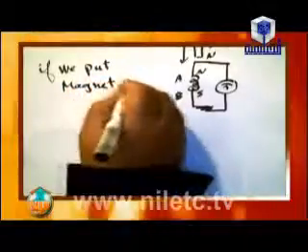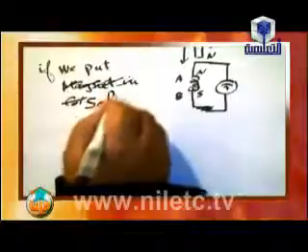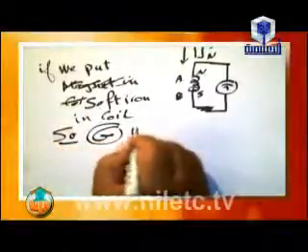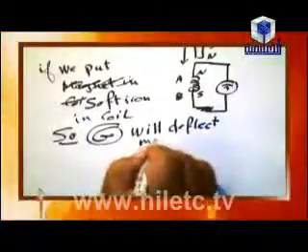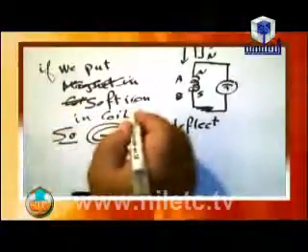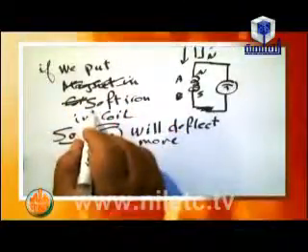And if we put soft iron in the coil, the galvanometer will deflect more, because the magnetic permeability of soft iron is very great.